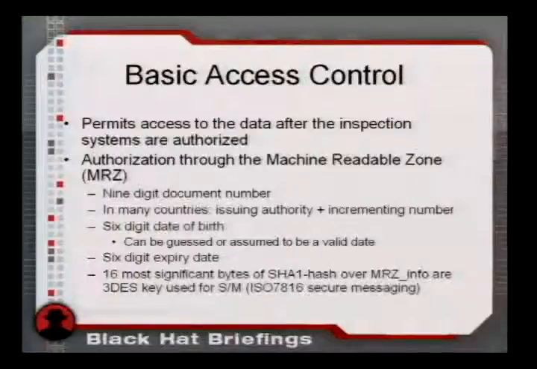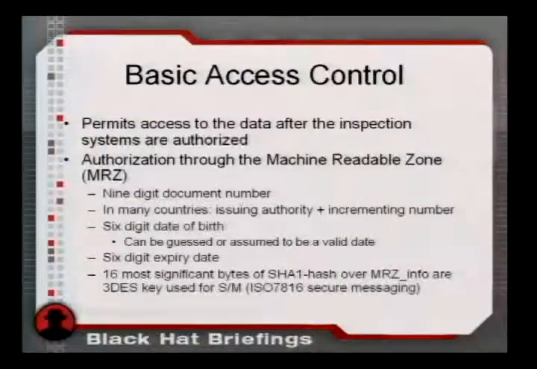That's how the Netherlands passport got hacked, because they are issuing 5,000 passports per year and just incrementing the number. So they start at some known value and just brute force. Then we have the date of birth, and we have the 6-digit expiry date. And the 16 most significant bytes of the SHA-1 hash over the MRZ are used as key for secure messaging.